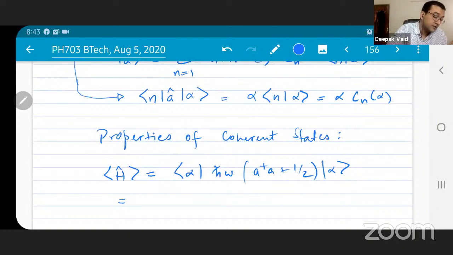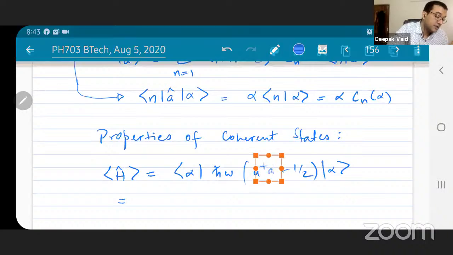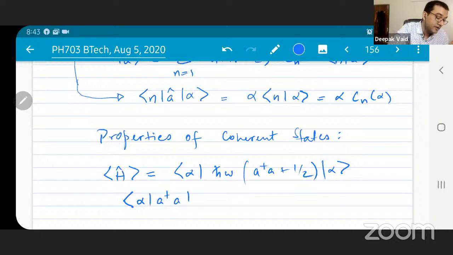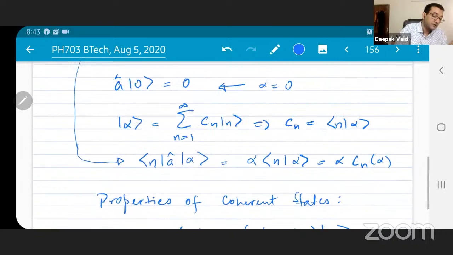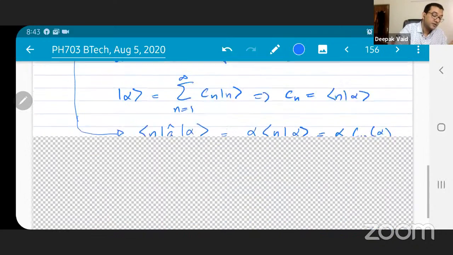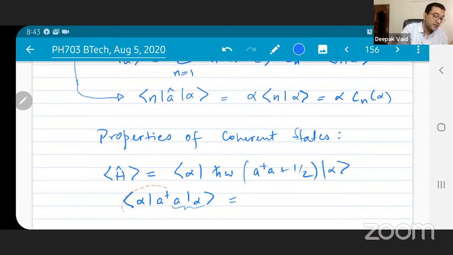And now, in the first term on the right-hand side, I have ⟨alpha|a†a|alpha⟩. What is this going to be? a acting on alpha is just this expression, right? And what is the bra of a†? Well, that's just the complex conjugate, right? So I can write what this becomes: alpha times alpha.